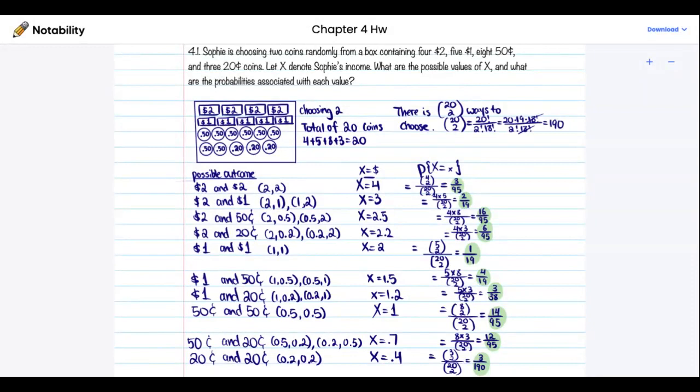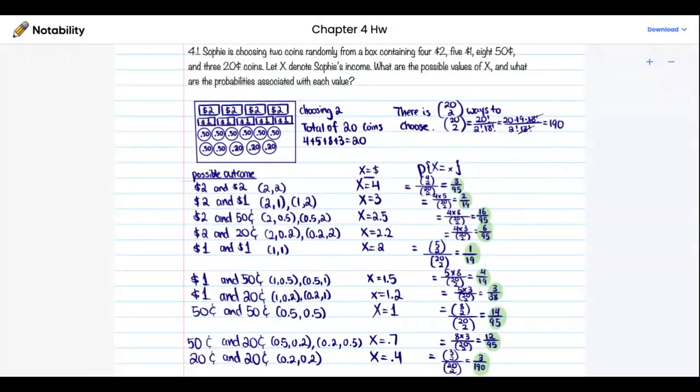For the last two, a 50 cent and a 20 cent gives 70 cents, with probability 8 times 3 over 20 choose 2, which equals 12 over 95. And the last, a 20 cent and a 20 cent, gives 40 cents in total, with probability 3 choose 2 over 20 choose 2, which equals 3 over 190.